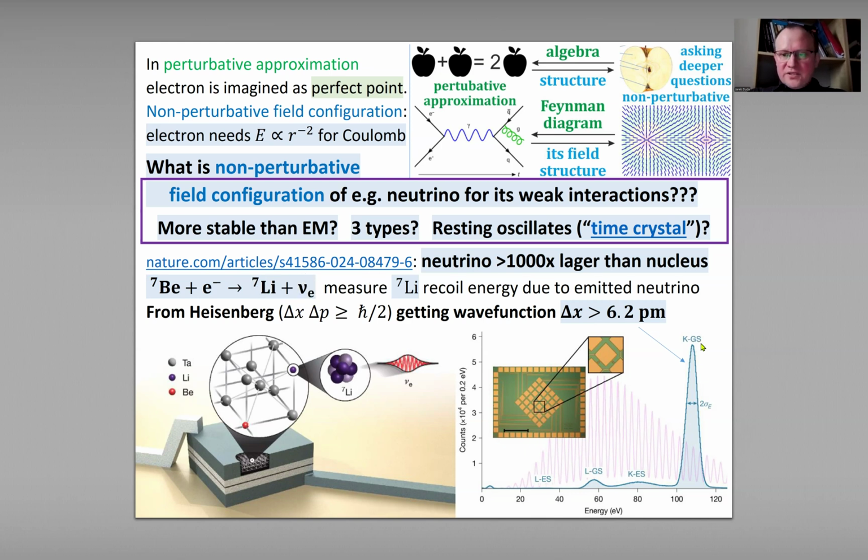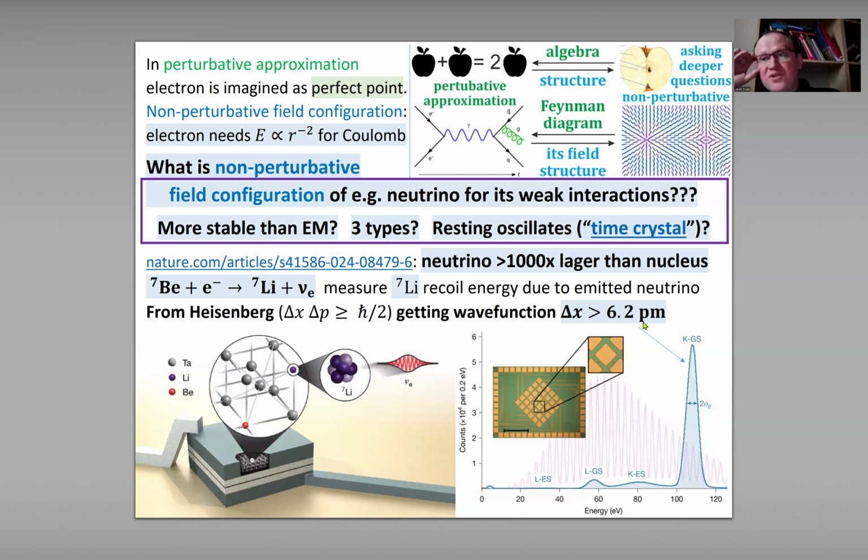And here is the momentum distribution of this neutrino. They measure through recoil, and from this singular peak, using the Heisenberg principle, they get the size in space, a kind of wave packet, of 6.2 picometers.